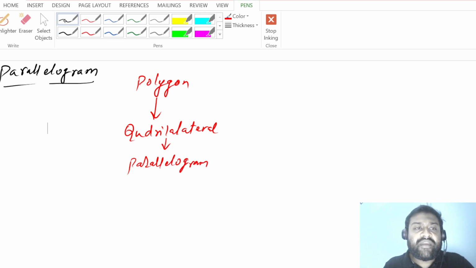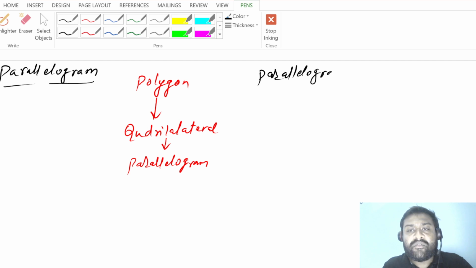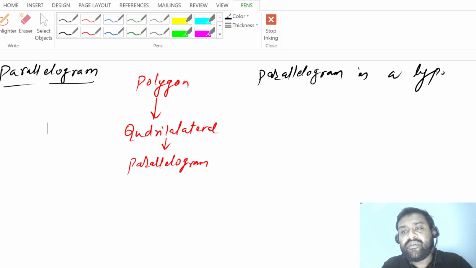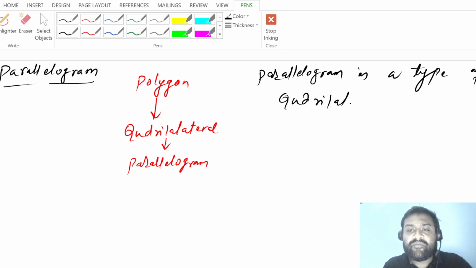So in this we can write down: parallelogram is a type of, what? Quadrilateral. Parallelogram is a kind of quadrilateral.